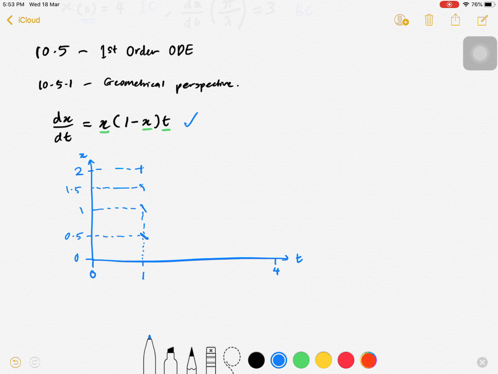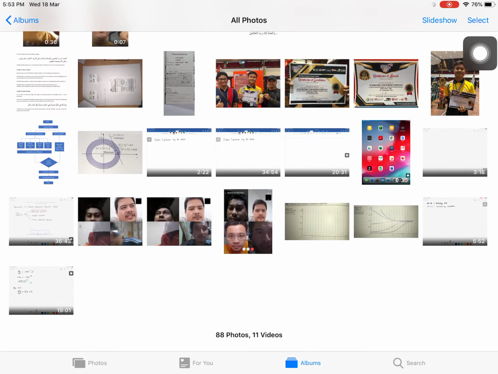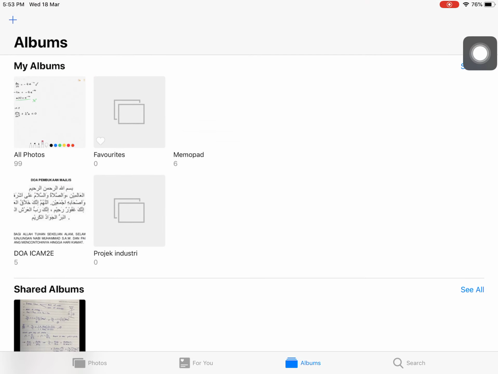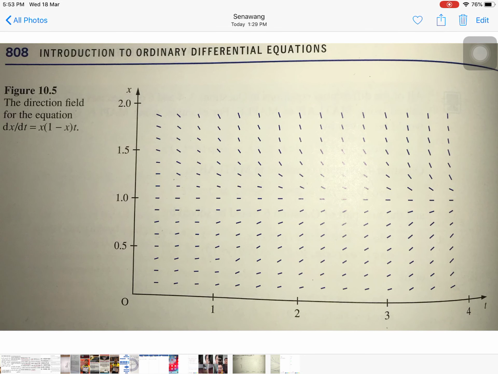Okay, so this is an example. Actually when we use this equation, we will get this kind of answer, figure 10.5.